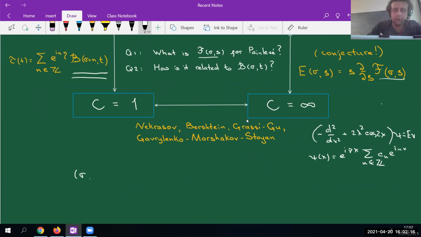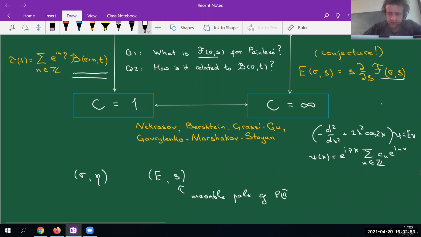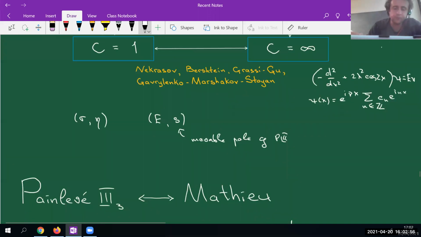One pair of coordinates is sigma and eta, which appear in this Fourier type representation of the tau function. But a different pair of coordinates can be used, which are S and E. S is a movable pole of this P3 function, and E is some first non-trivial coefficient of the expansion of this function near the pole.